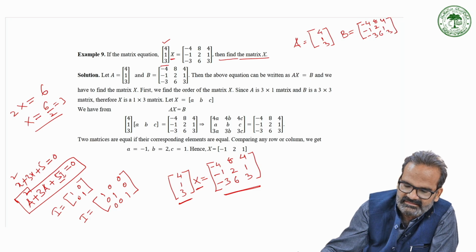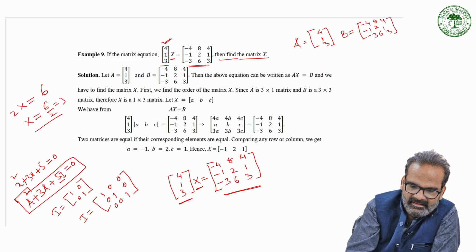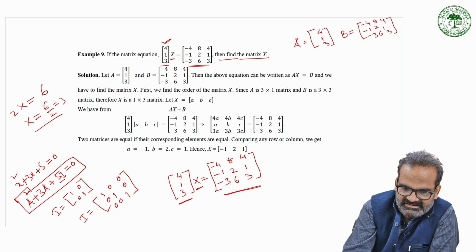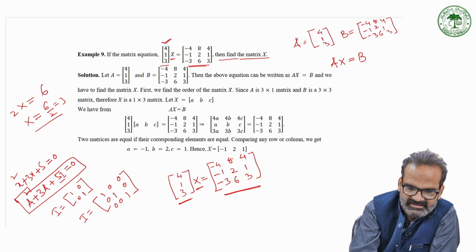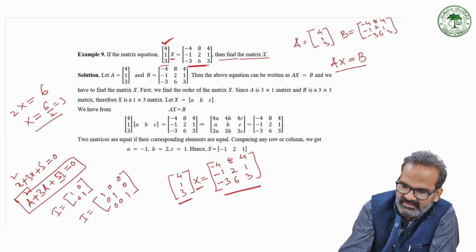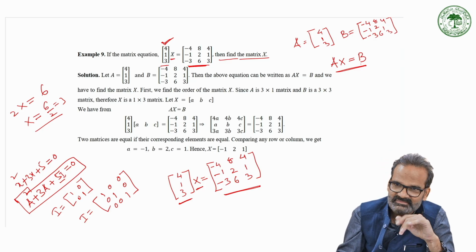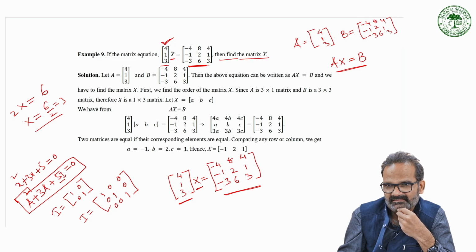This is matrix B and this is A. Then the above equation can be written as AX equals B. Clear? We have taken this matrix as A and this matrix as B. So AX equals B. This is a matrix equation, and from this matrix equation we have to find out the value of X.